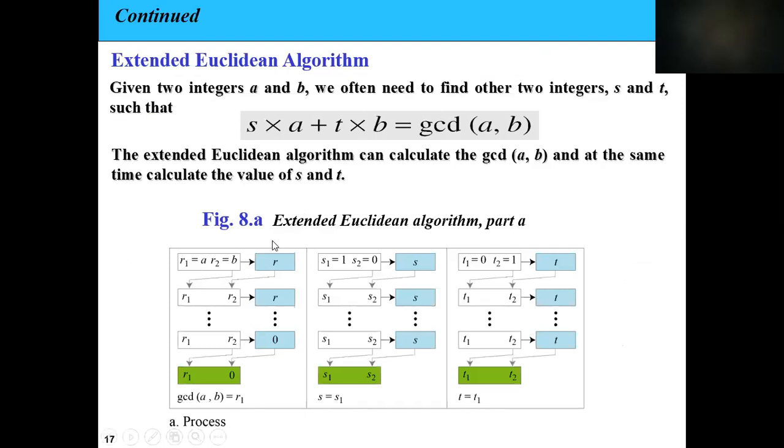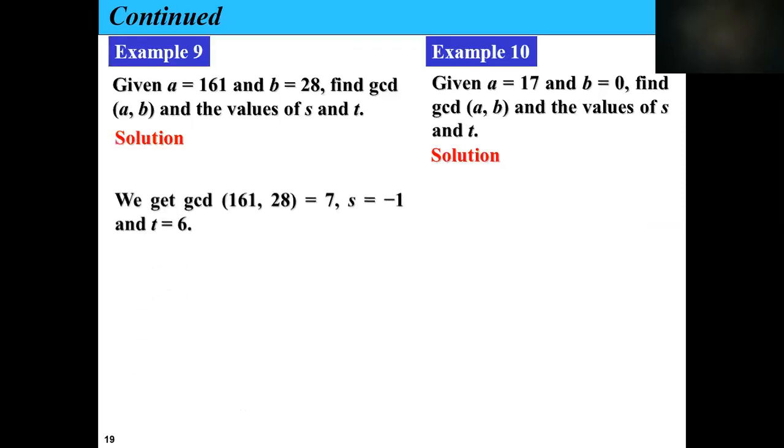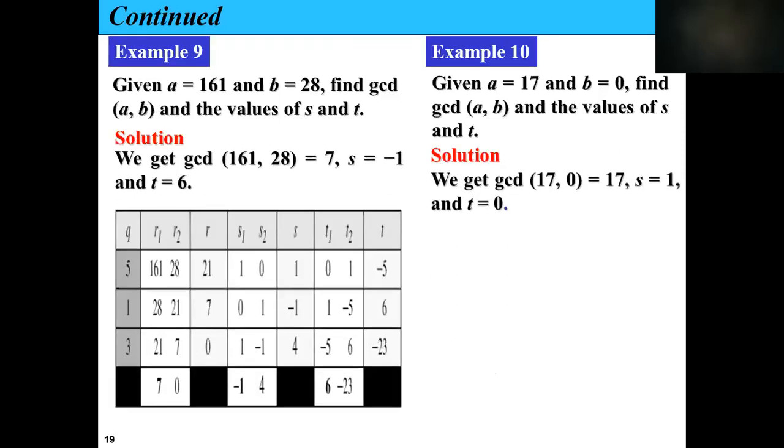I am not going to give you the explanation about this. You have to do it on your own. But it is just an extension of the Euclidean algorithm. Kindly solve these two examples, example number 9 and 10, by yourself.